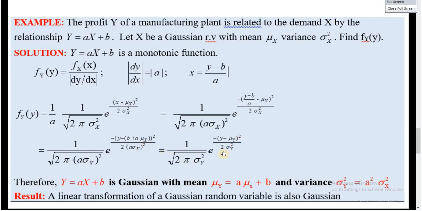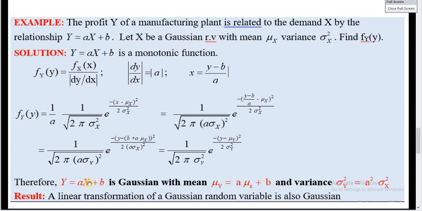So the result is a Gaussian random variable. So x is a Gaussian random variable with mean mu x and variance sigma x squared. Y is a Gaussian random variable.